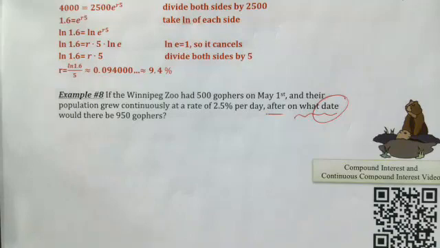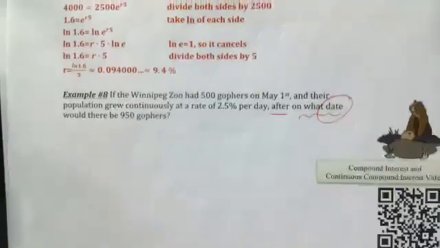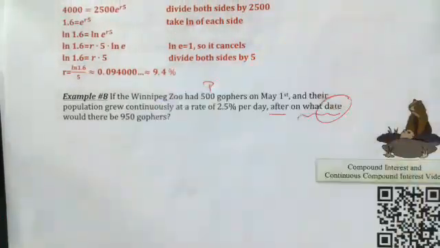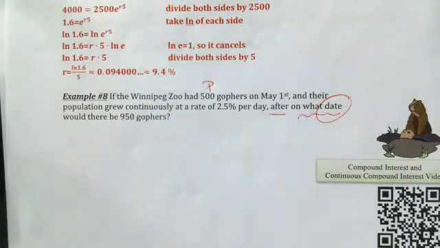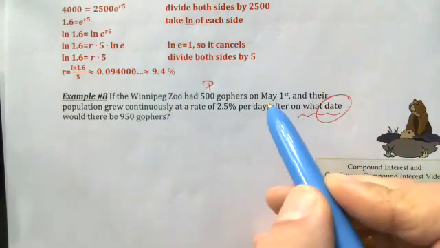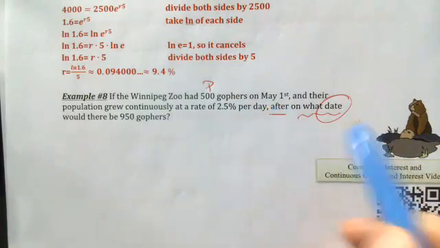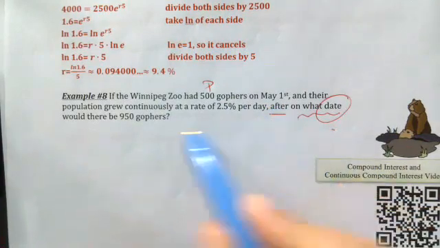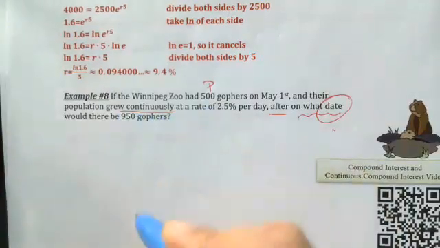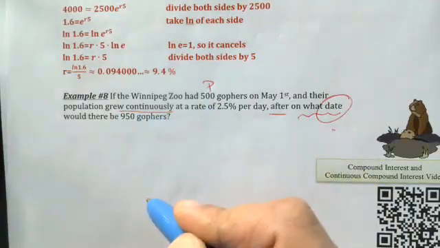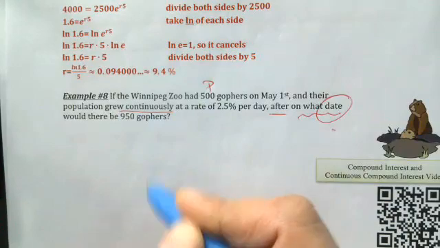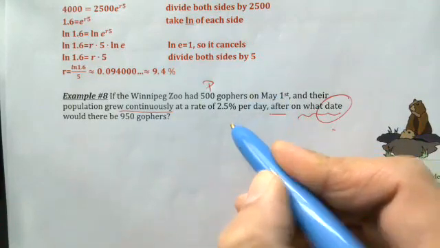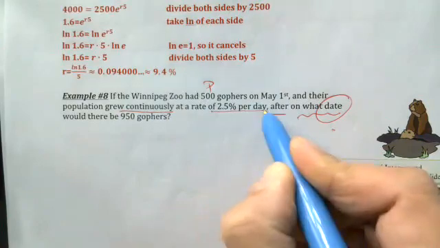Okay, so we have our principal, which is our original amount of gophers, 500. The May 1st is not important for the formula. It's just important later on to answer the question on what date. We just need the time, the number of days it will take to grow. We notice the word continuously. That means we're using the compound formula for continuous growth, the one with base e, and the rate is 2.5 per day.